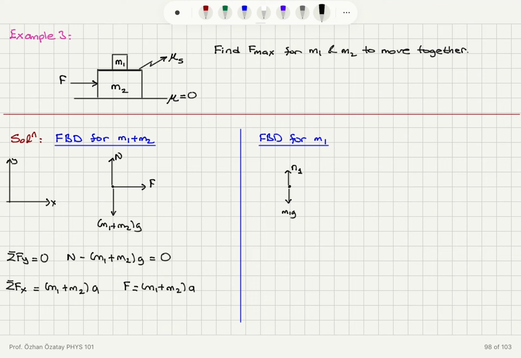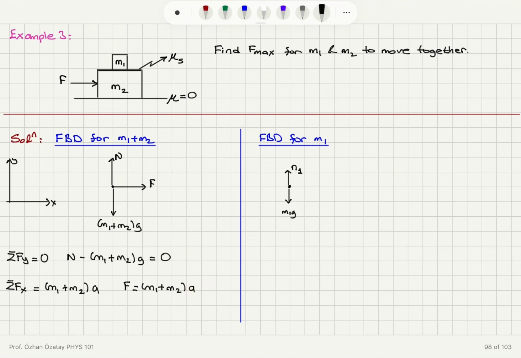Now, where is this force of friction pointing? Is it pointing to the right or to the left? Well, I need a force on the x-axis in order to have an acceleration a for this M1. So it's quite clear that in this case, the force of friction should be to the right, Fs.